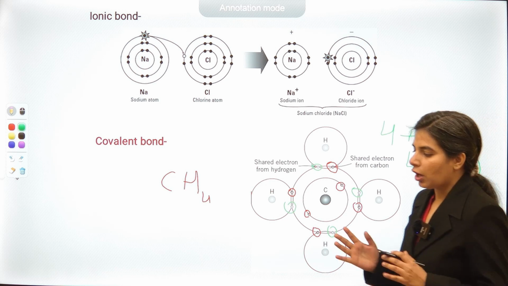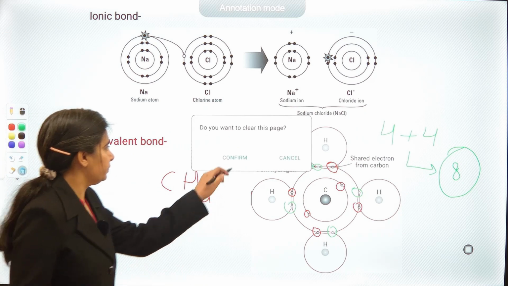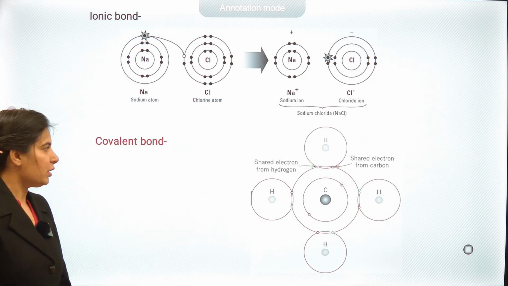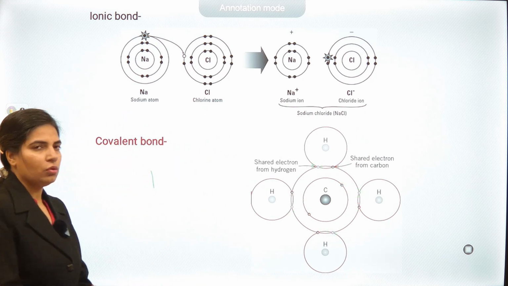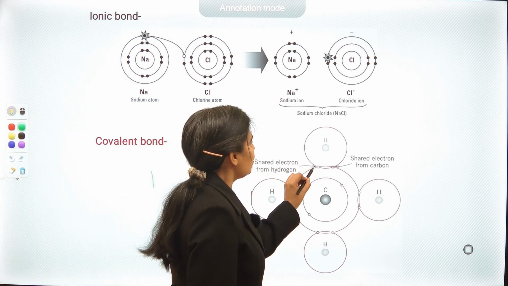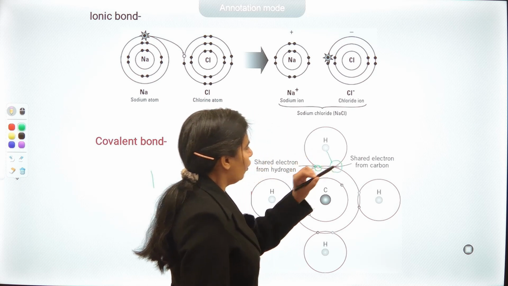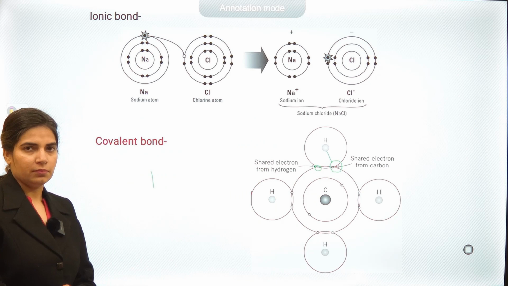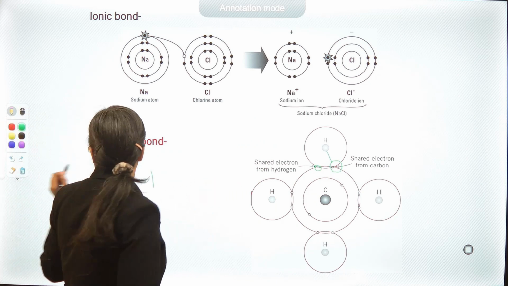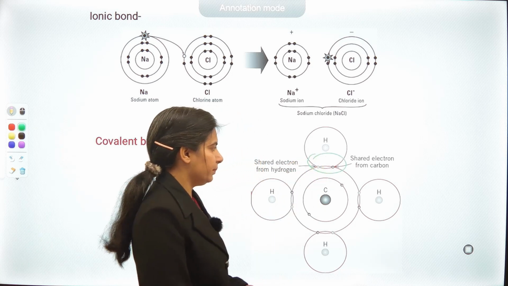Now, if I talk about the hydrogen, hydrogen is having 1 electron of its own. And here, each hydrogen is getting 1 electron from the carbon. So by that, hydrogen is completing its duplet.